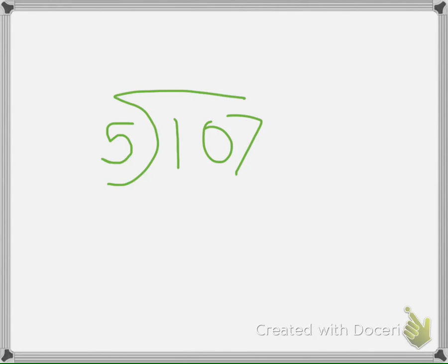Okay, since 5 times whatever doesn't equal 107, we would choose what is closer to 107. Like 5 times 8 is 40, but we wouldn't even get close. So let's go up to 5 times 12.